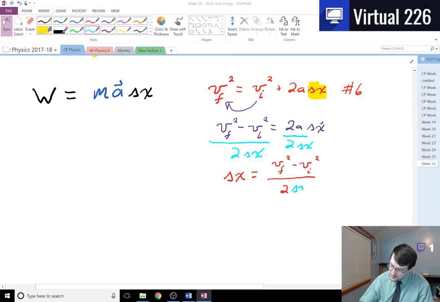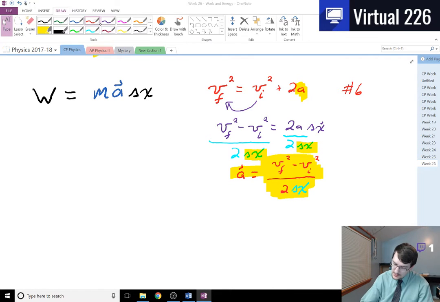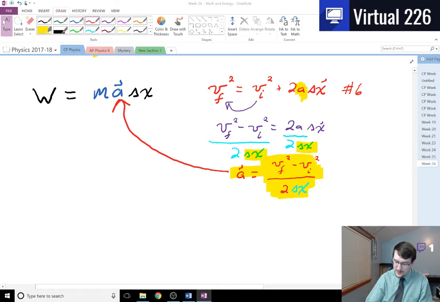So a equals vf squared minus vi squared over 2 delta x. Excuse me about that one. Now that I have this, this acceleration is some value that we had from before. Let's just take it and plug it in for the acceleration.